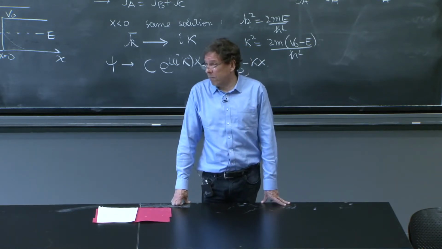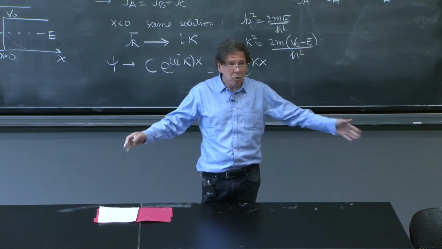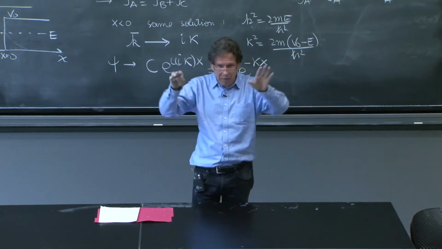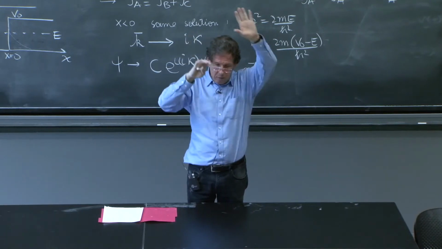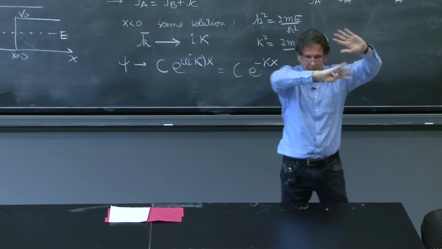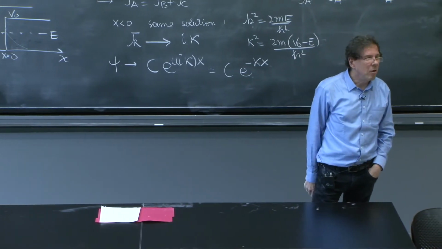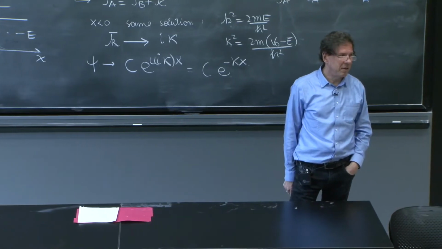Am I forced? Does anybody force me? No, you're superimposing solutions for different values of k. You had a solution, then another solution for another k. What goes wrong if I go from minus infinity to infinity?